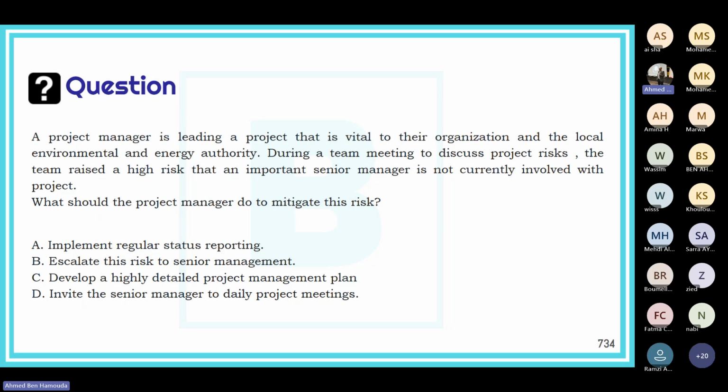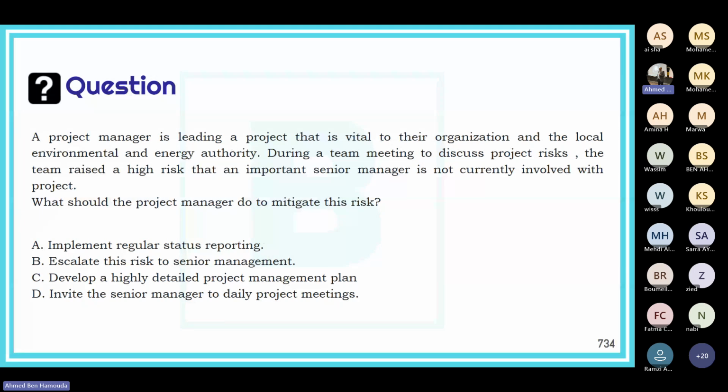Implement regular status reporting, escalate this risk to senior management, develop a highly detailed project management plan, or invite the senior manager to daily project meetings. Now, answer D is not possible because the senior manager is not involved at all.